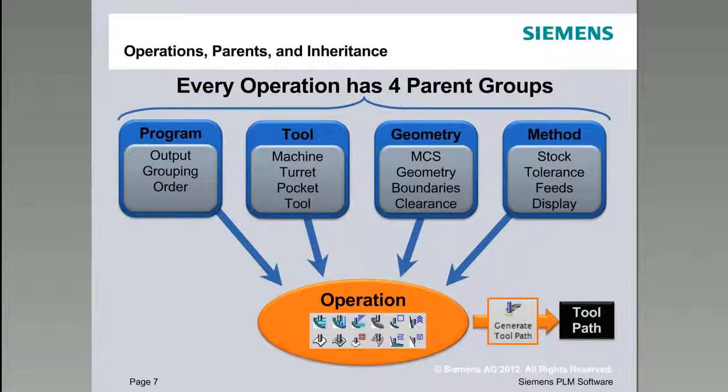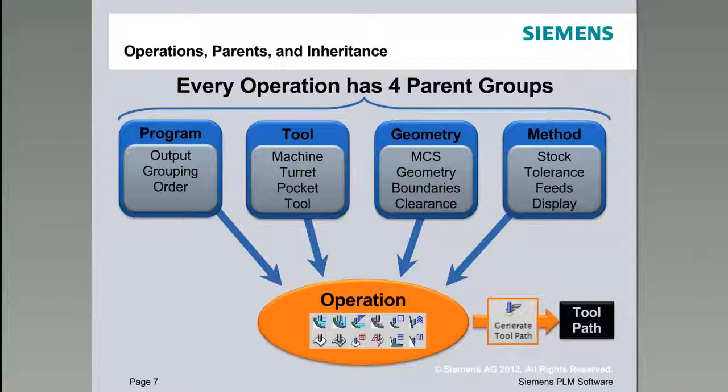Another way to look at these groups: in NX, every operation really has 4 parent groups. You'll hear these called parents. You'll see the location, and these are represented by the 4 different views in the Operation Navigator. So every operation has to have a program, a tool, a geometry group, and a method.